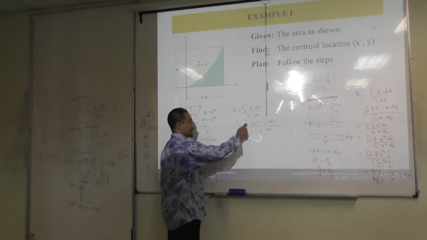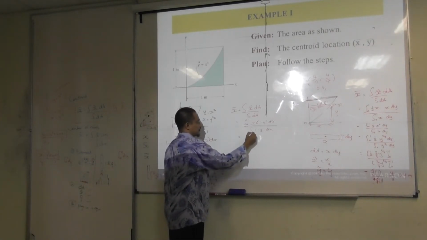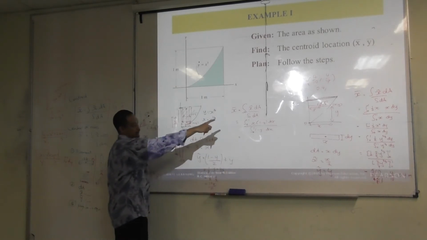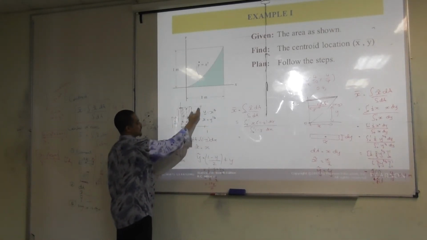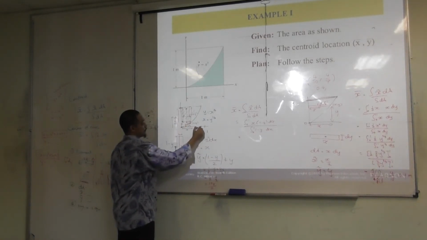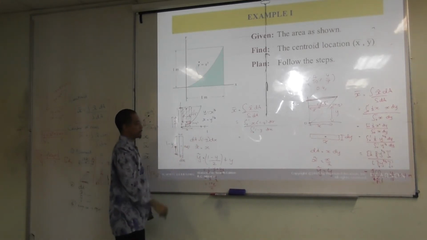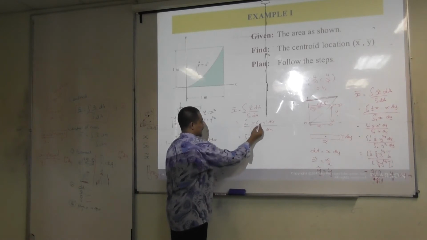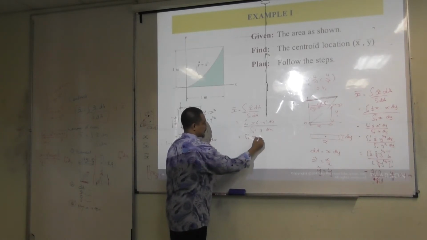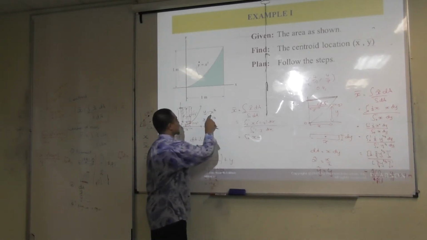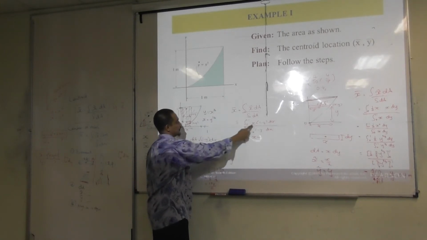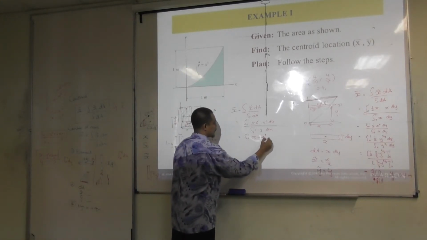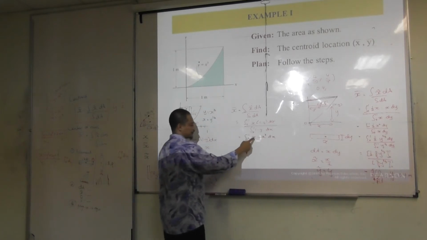Okay, what will be the limit? 0 to 1, because, it's not the same as that one, it's because this is the first, this is the last, which is 0 and 1. Right? So if you expand this one, x times 1 is x, and y is x to the power of 3, so x to the power of 4, dx. Now you don't have to do it in one step.